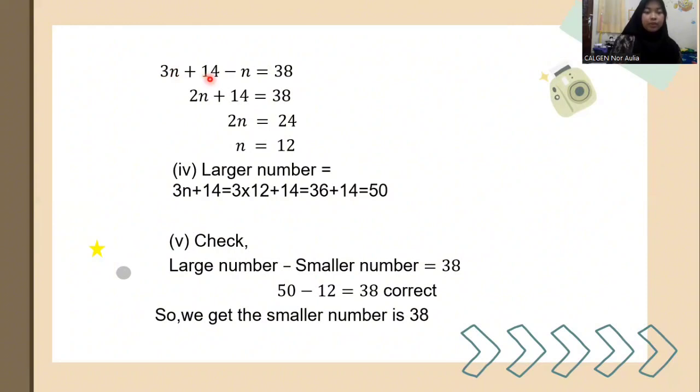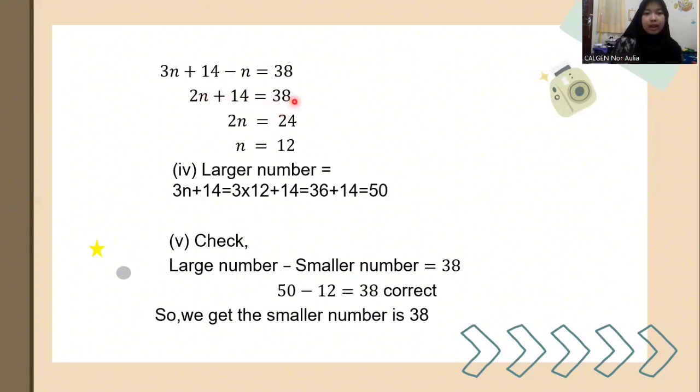3n plus 14 minus n equals 38. 2n plus 14 equals 38. 2n equals 24, because the 14 moves to the right, so the plus will be minus.